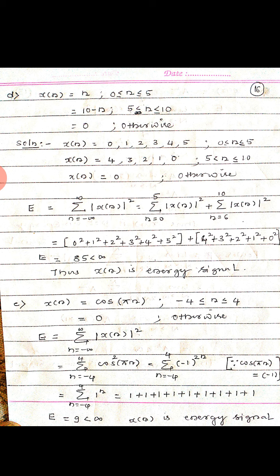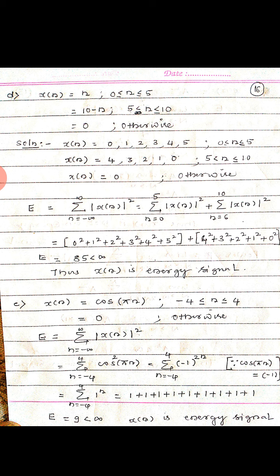When n is equal to 0, x of n is equal to 0, n is equal to 1, x of n is equal to 1, because x of n is directly proportional to n here between 0 to 5. So x of n is equal to 0, 1, 2, 3, 4, 5 when n is between 0 to 5. When n is greater than 5 and less than or equal to 10, n starts from 6 till 10.